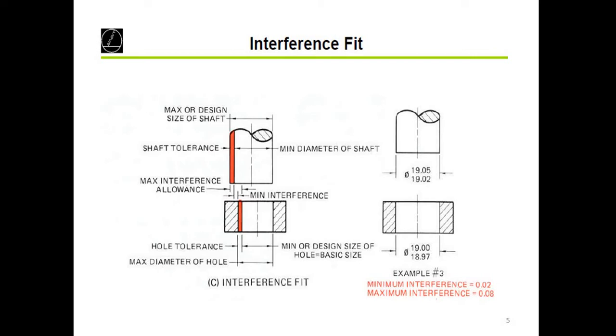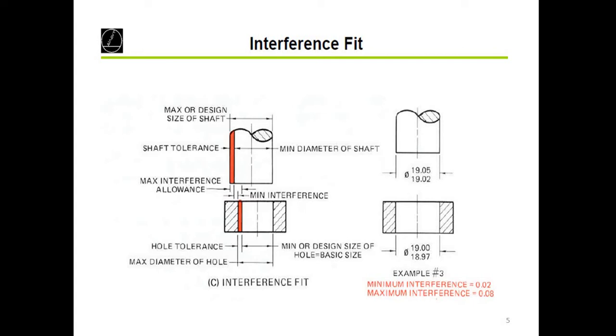Bearings are used to support the shaft as well as to absorb the axial and radial load coming on the shaft. So for supporting the shaft and absorbing axial and radial load, the shaft must be press fitted, that is, an interference fit is there between the outside diameter of the shaft and the inside diameter of the bearing.